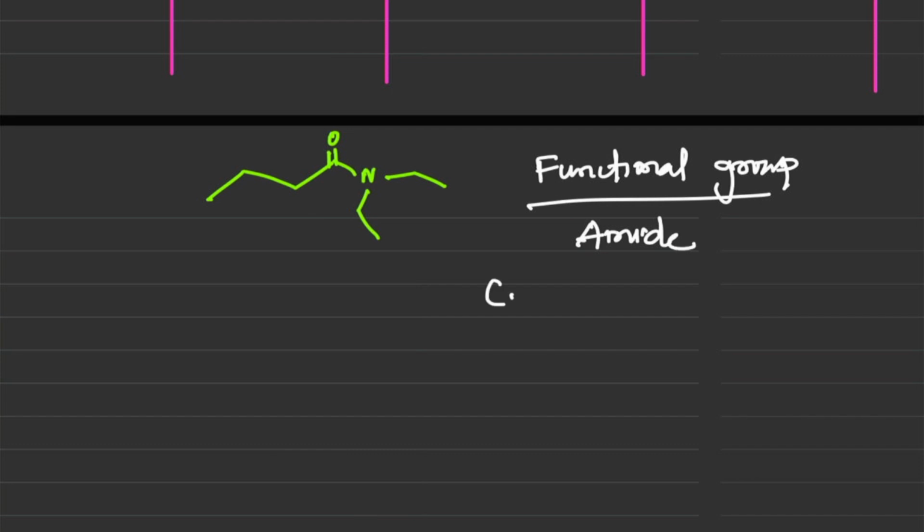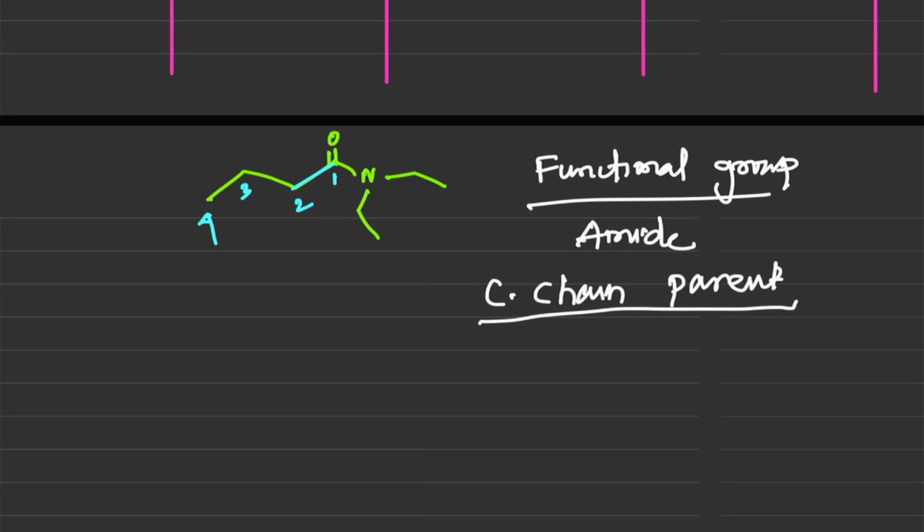Then how many carbons in the parent chain? In this case, you have to count from the carbonyl: this is 1, this is 2, this is 3, this is 4. So we got 4 carbon atoms, which means butane. Then the E is replaced by amide, so that's butanamide.